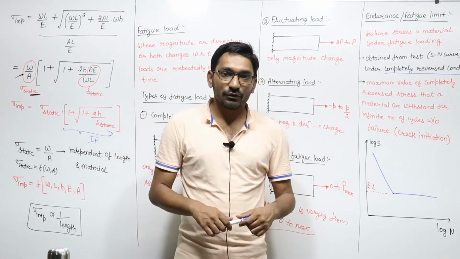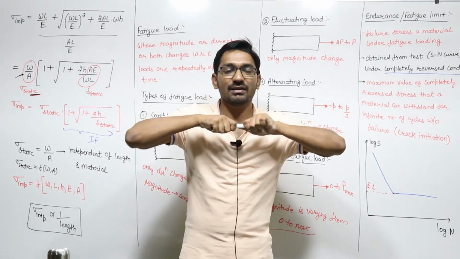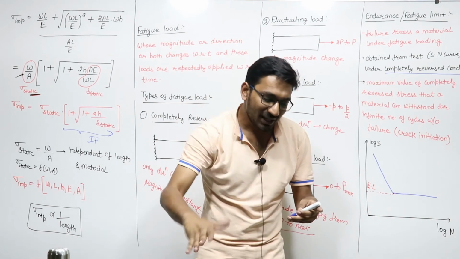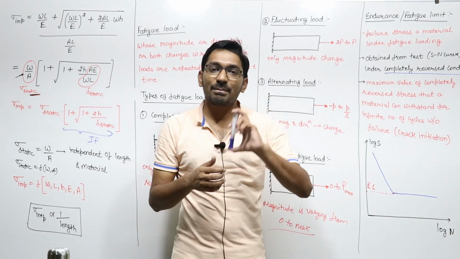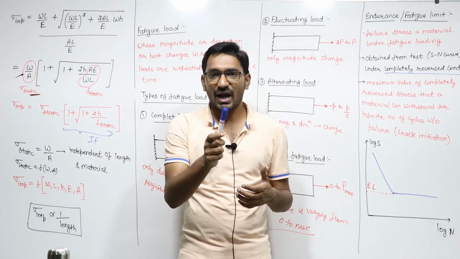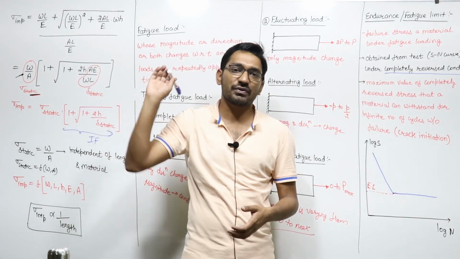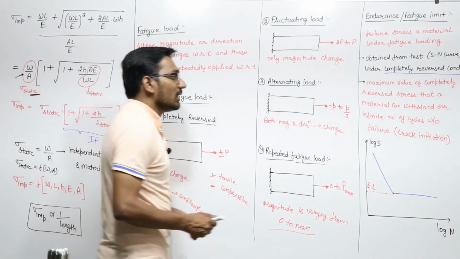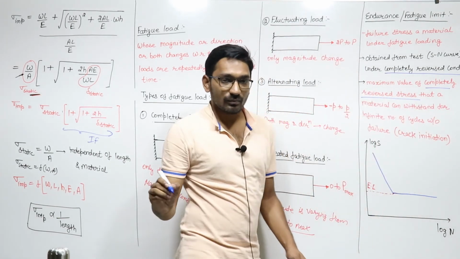Infinite number of cycles means I can do this tensile compressive cycle an infinite number of times, and in that case also this material will not fail. So the maximum limit of stress this body can withstand without failure for an infinite number of cycles is known as the endurance limit, and this is for completely reversed stress only, right?